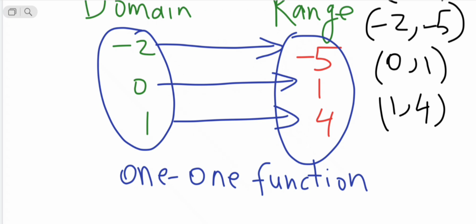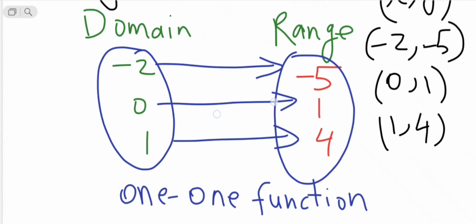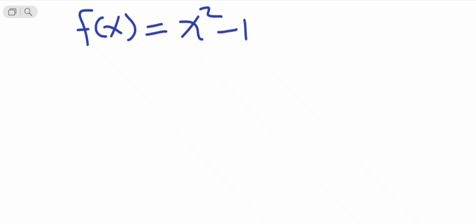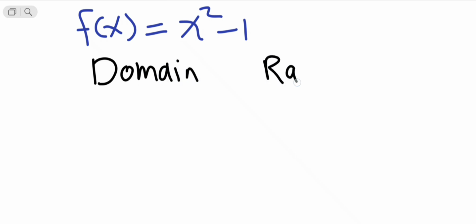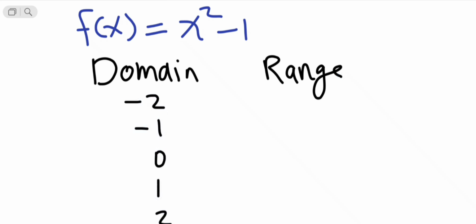Okay, let's see one more function to see another type of the function. The function is f of x is equal to x square minus 1. So we are going to find domain and range. -2, -1, 0, 1, 2.